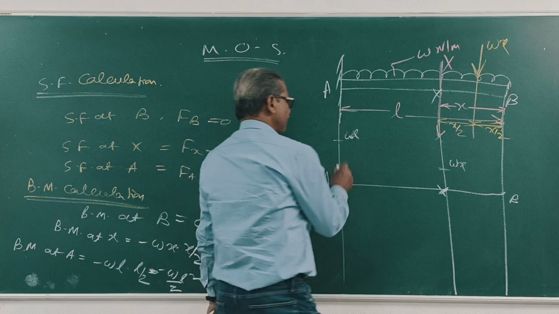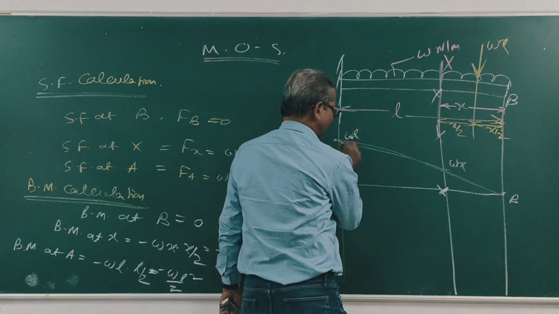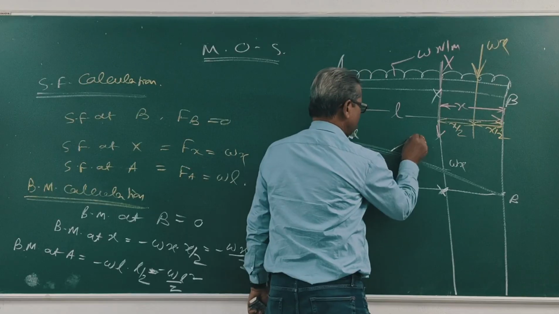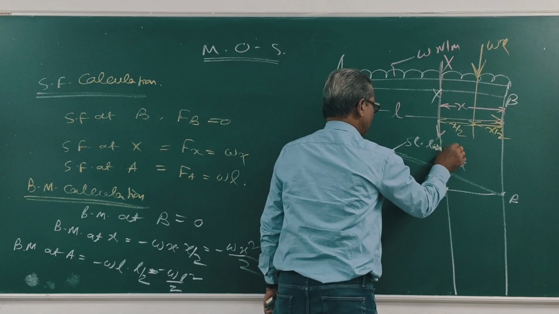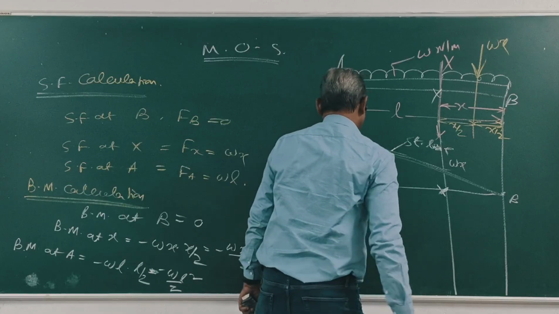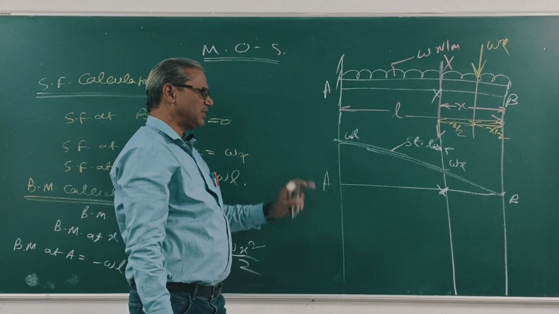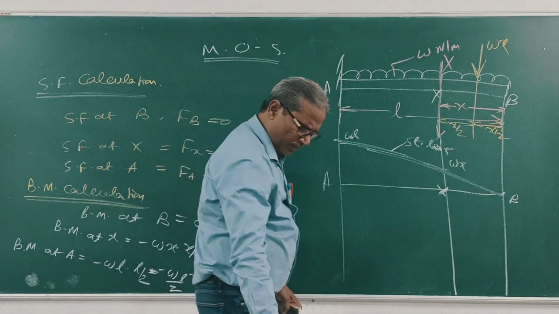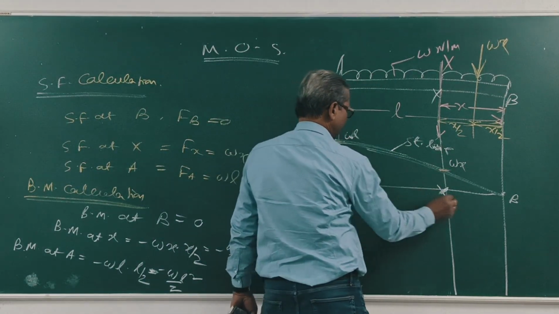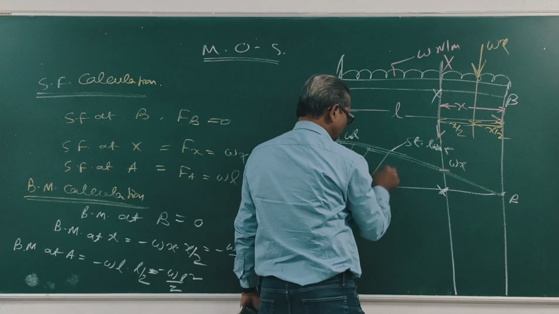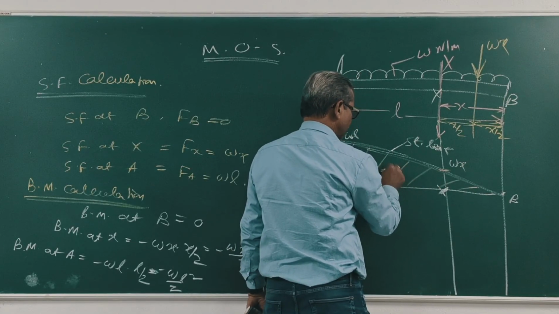Now these all lie on a straight line, because it is first degree of x, x power 1. So this is a straight line. At B it is 0, at X it is w x, at A it is w L. All are positive.